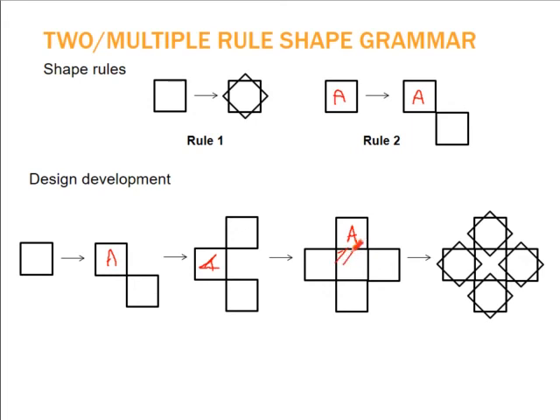So initially there's no square, right? But after you have completed the loop here, you will create a square right in the middle. So you can also apply rule number 1 to that square shape in the middle.